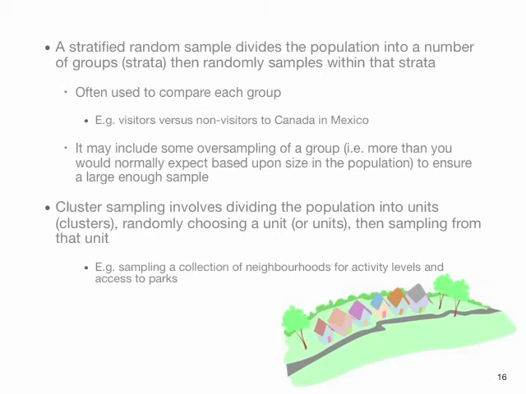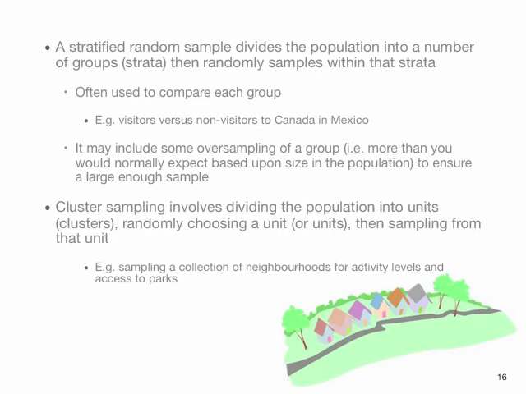You want to talk to visitors versus non-visitors to Canada in Mexico. So you've got this one group called visitors, this other population of people called non-visitors, and you're going to sample each one of those groups in your total population of, in this case, Mexicans, and try to understand the differences between those groups.